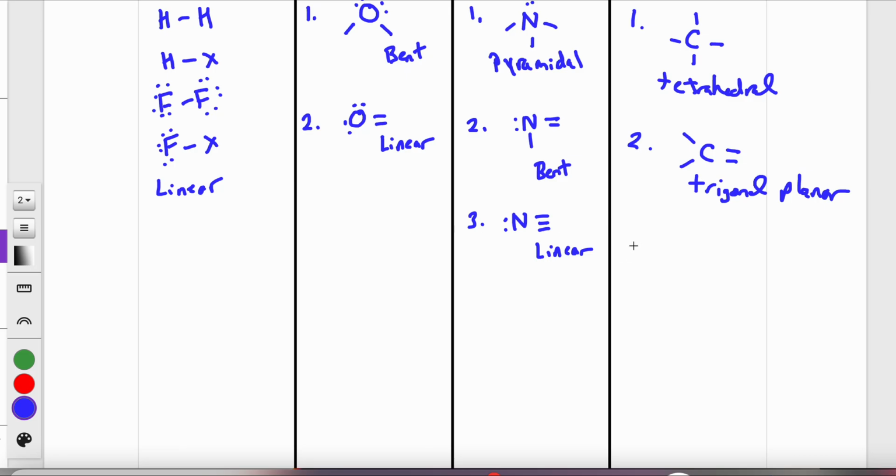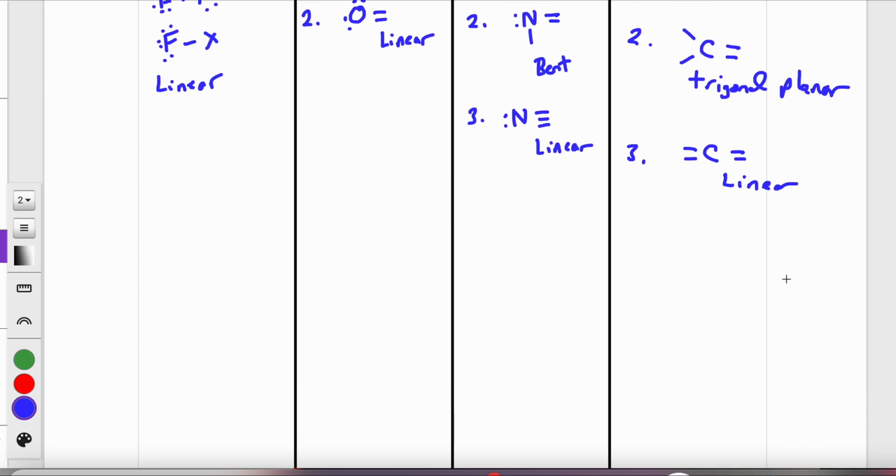The third way it could achieve its 4 bond need is forming 2 double bonds, and then the shape would be considered linear. And then the last possibility, number 4, would be it forms 1 triple and 1 single, but it would still be linear.